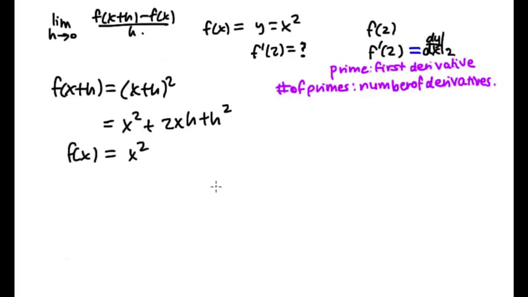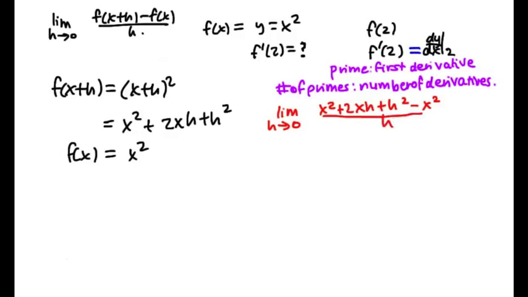Right? So we plug that into the difference quotient, and what do we get? We get the limit as h approaches 0 of x squared plus 2xh plus h squared minus x squared, all of that over h.